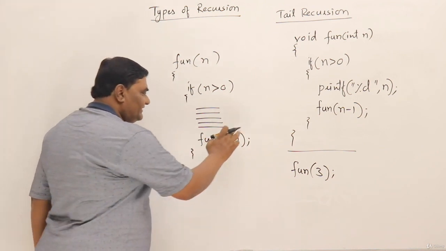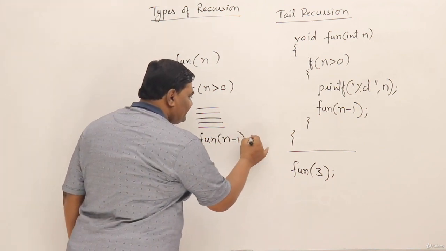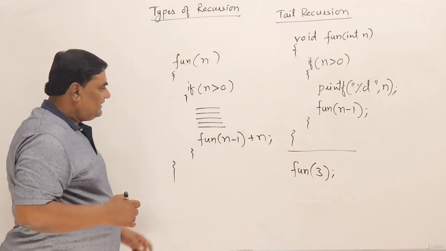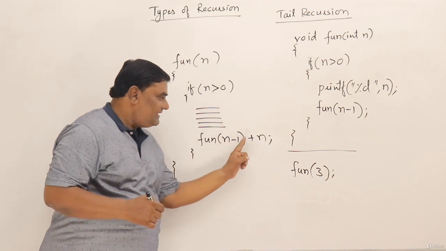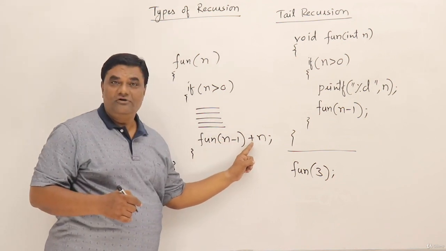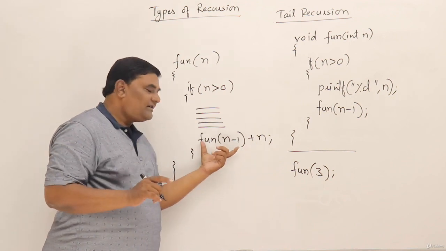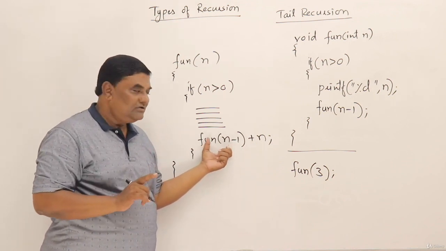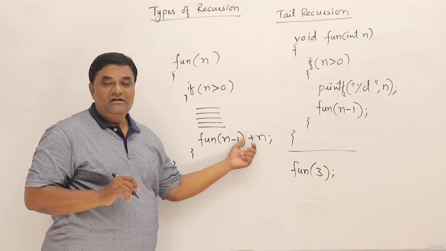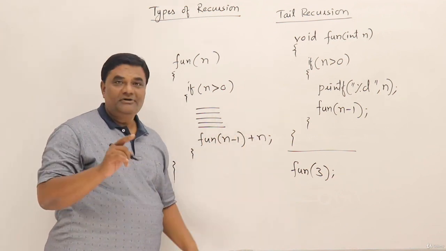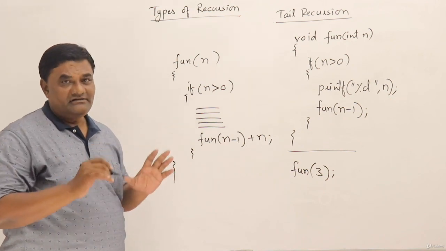Now suppose there is something written here, plus n, meaning along with the function call some operation is done. Then this operation will be performed at return time, because unless the result of this function is known, the addition cannot be done. The value of the function is added with n, so this addition can be performed only at returning time.